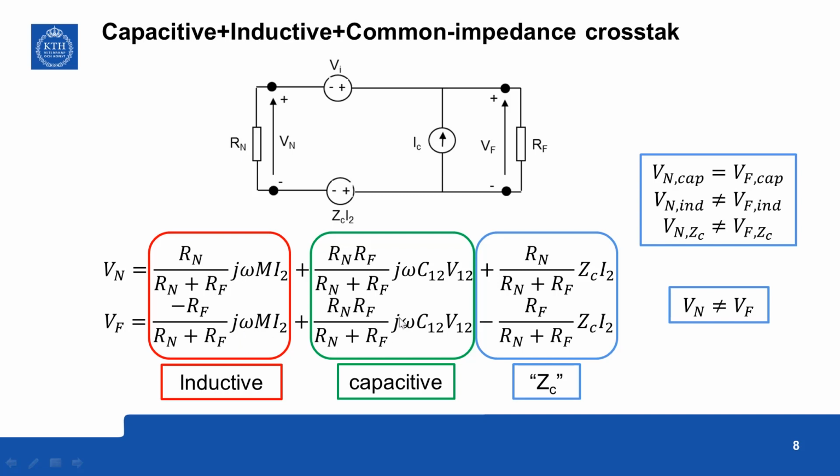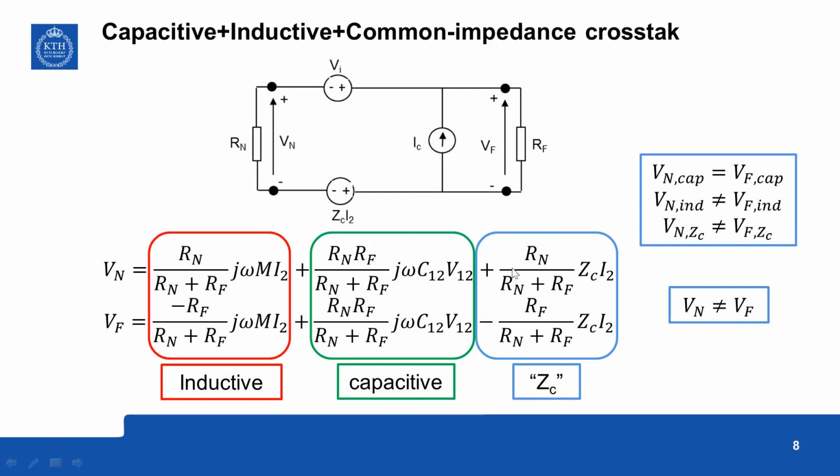This is the inductive part, and the capacitive part, they are the same. And for the common impedance part, here it is minus, because the current is driven like that. So in the far end part, minus Rf by Rn plus Rf Cl2, and here it is positive.